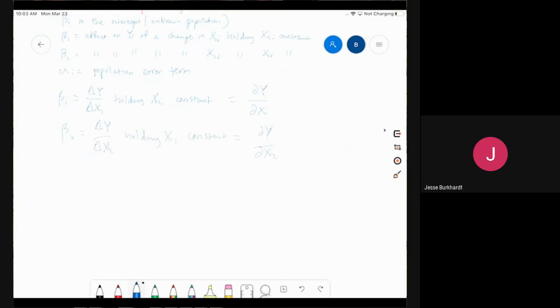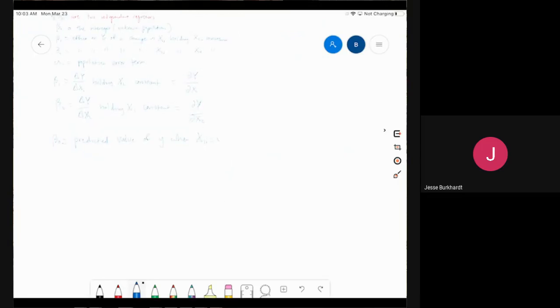And beta 0, let's just make sure we have this. Beta 0 is the predicted value of y when x1i equals x2i equals 0.